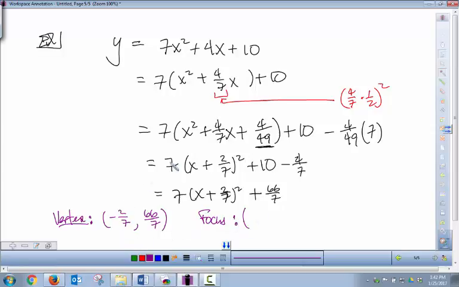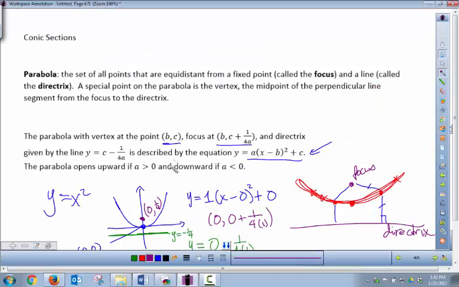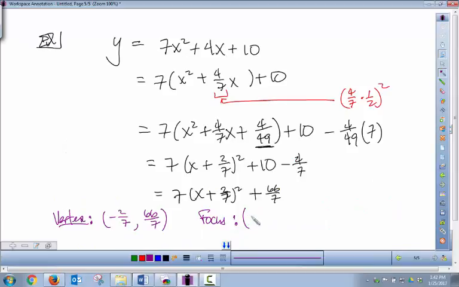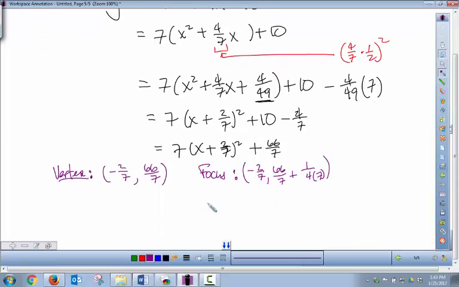Your focus is b comma c plus 1 over 4a. So the same b, and then c plus 1 over 4a, and a is equal to 7. Suppose you can simplify that if you want.